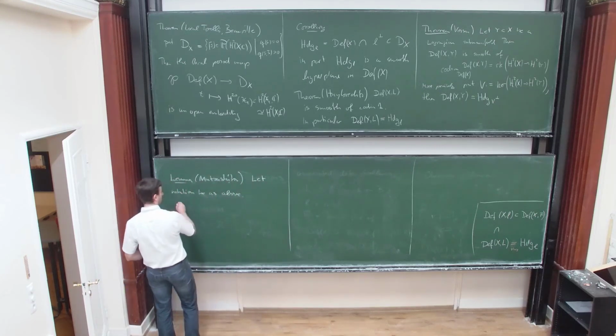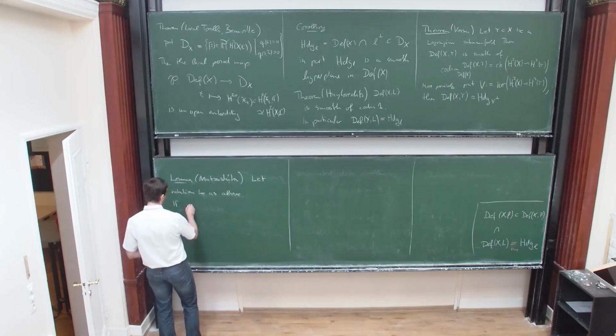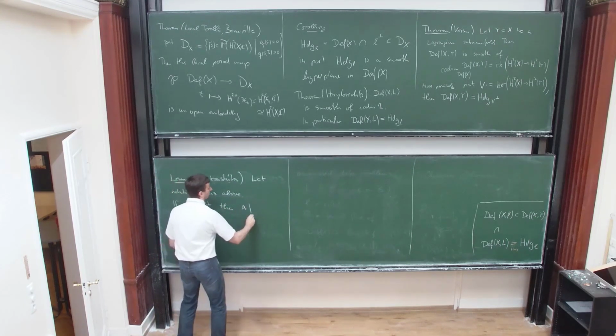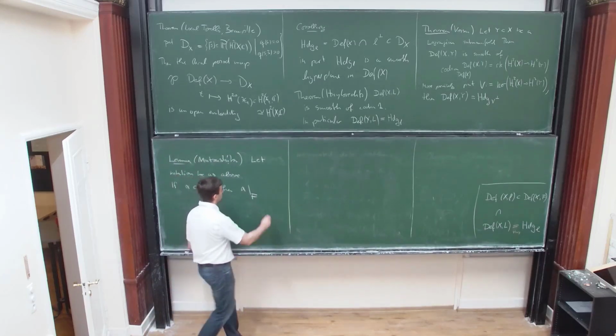Then if alpha is in L perp, then alpha restricted to F is equal to 0.